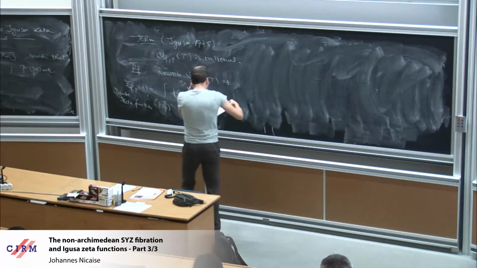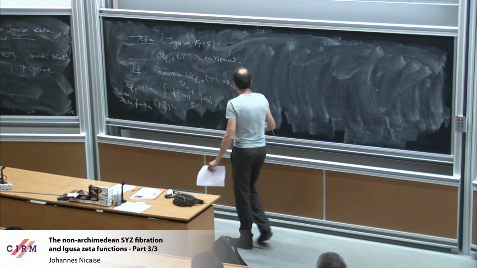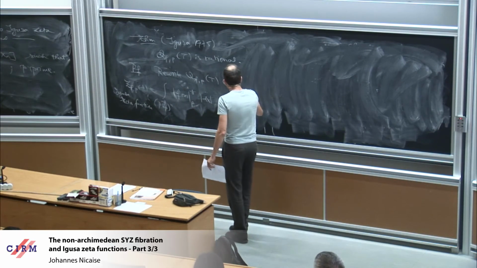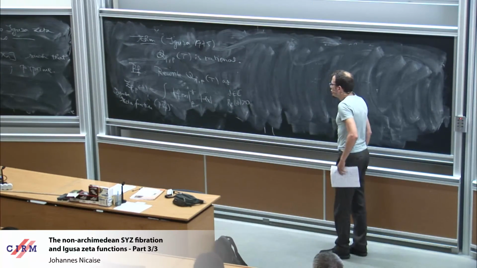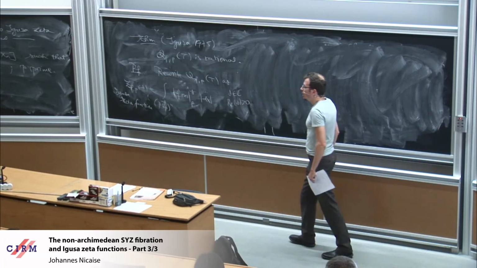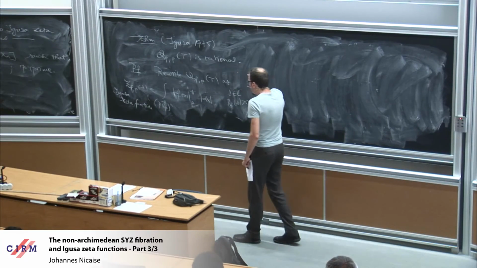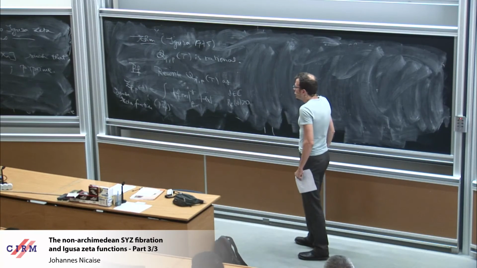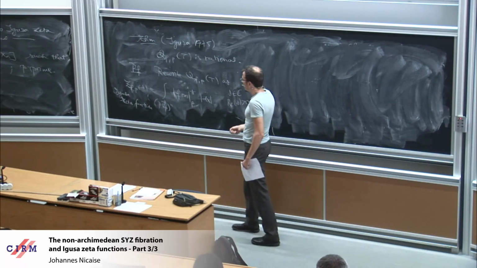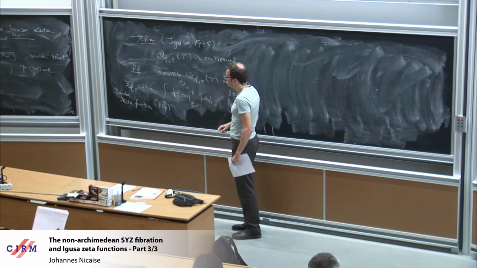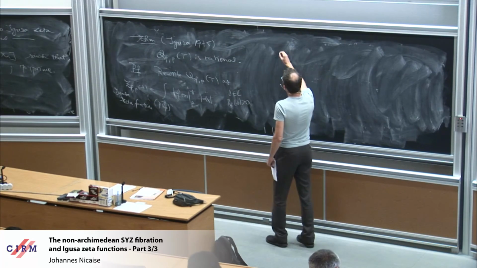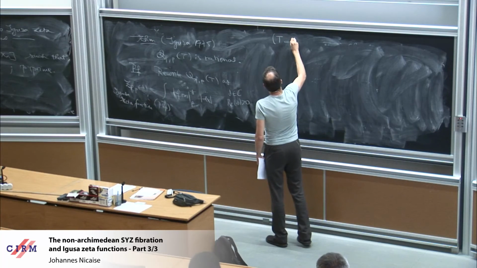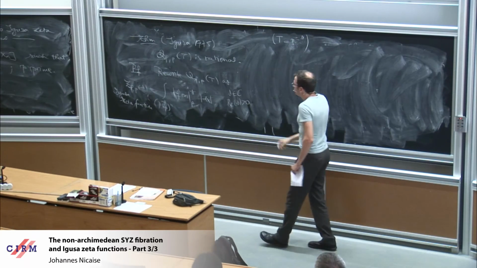Yeah, and so, well, there are some convergence issues with these integrals. So the variable s is a complex number. But in order to guarantee convergence, we assume that the real part of s is positive. And then it's a basic exercise in p-adic integration to understand that knowing this zeta function is equivalent to knowing the original generating series, where we make a substitution t equal to p to the power minus s.